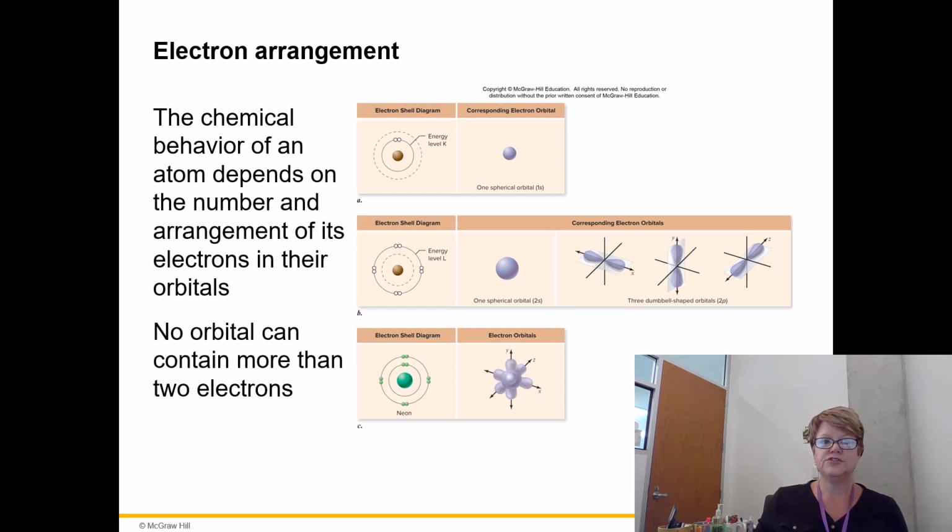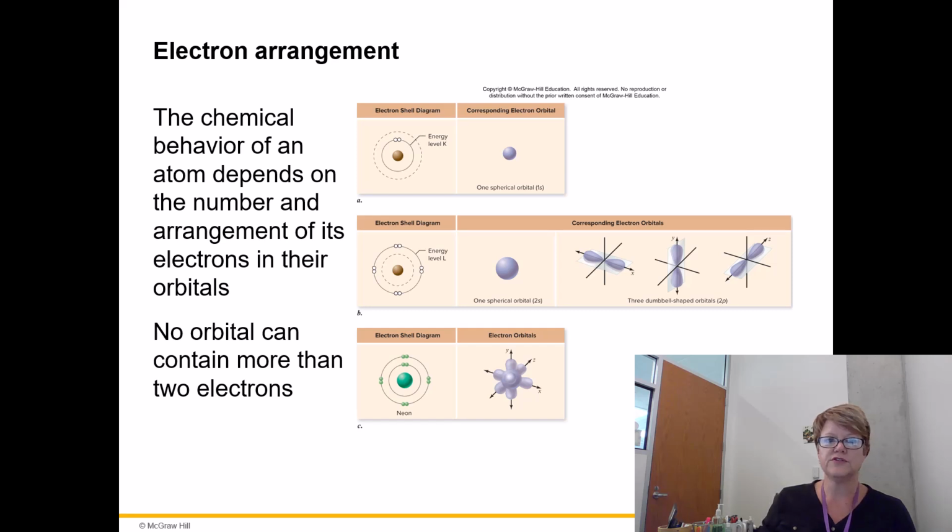And in this class, we're not going to delve too deeply into the shape of atoms, but in this picture, they give you a very simple introduction to this. The first two electrons that any atom has, if it has two electrons, will be in a zone very close to the nucleus in a kind of a spherical cloud.